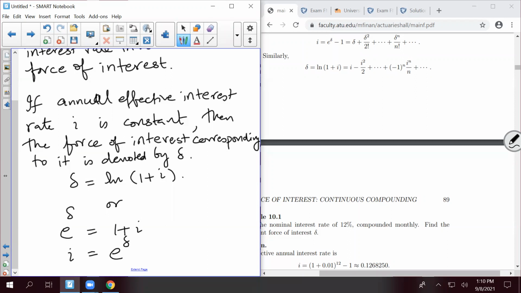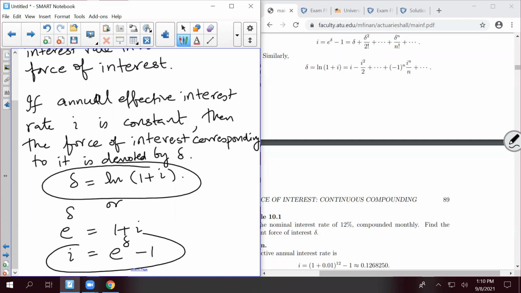E power delta minus 1. So these two are nice equations where you can interchange between I and delta: delta is equal to ln 1 plus I, and I is equal to e power delta minus 1.